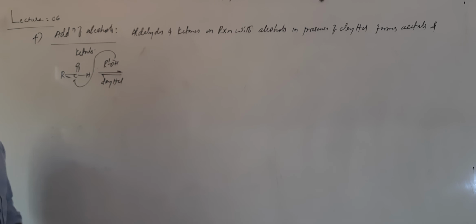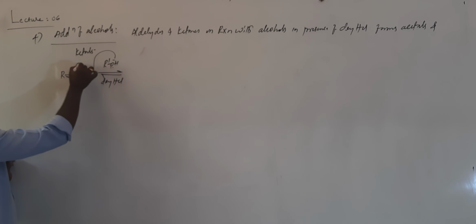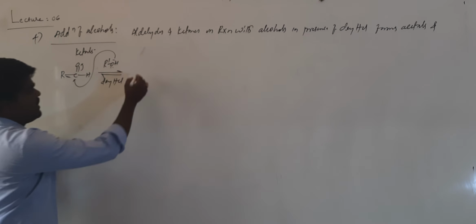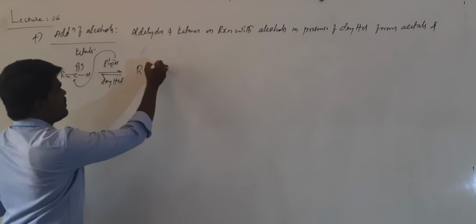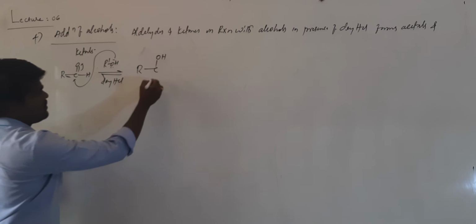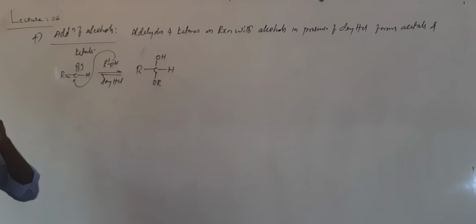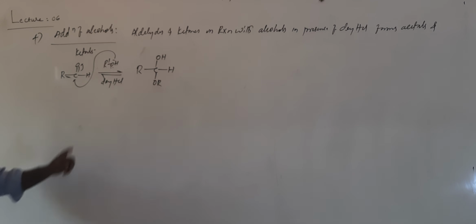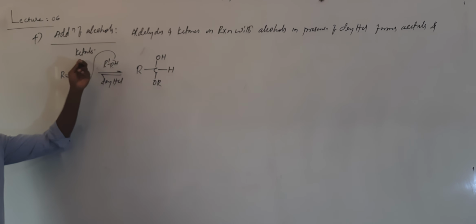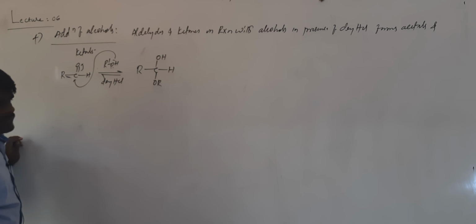Directly writing the equation, this lone pair of electrons of oxygen will be given to the carbonyl carbon and this pi bond goes over to the oxygen, and it results in the formation of R, ROH, OR and H, right? By the migration of this pi bond, this oxygen gets a negative charge. With the donation of the lone pair of electrons, this oxygen gets a positive charge, okay.